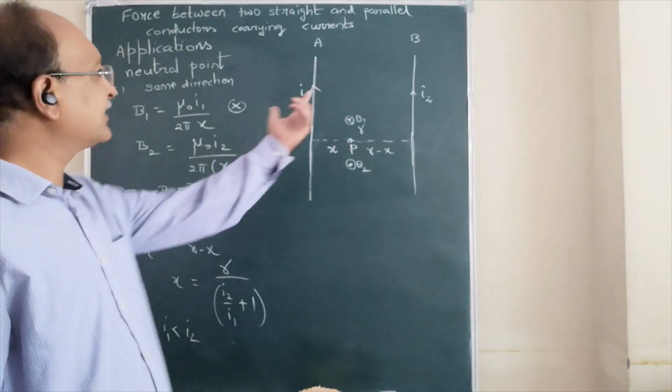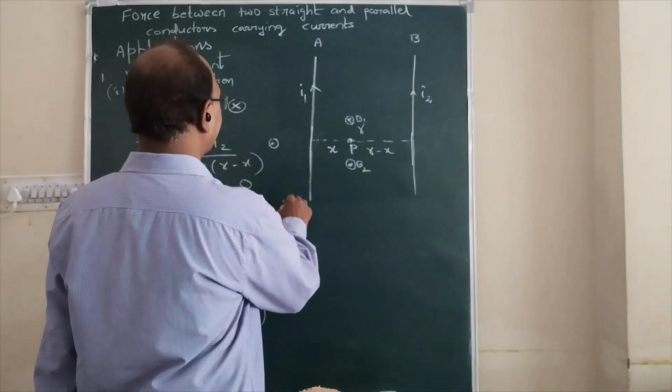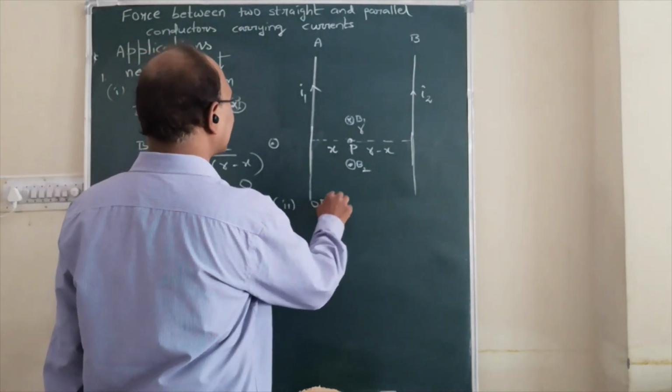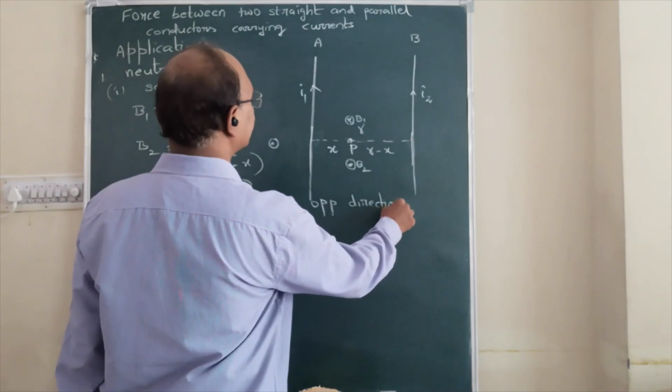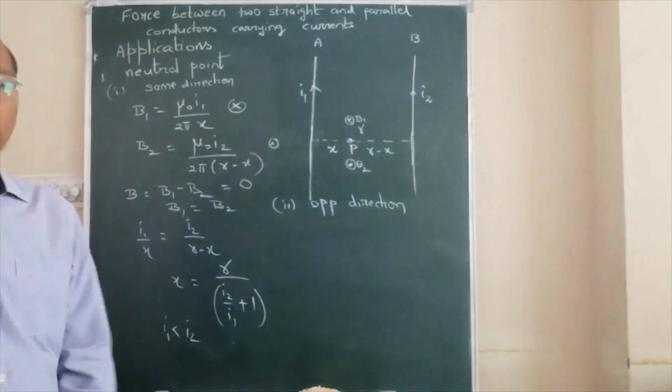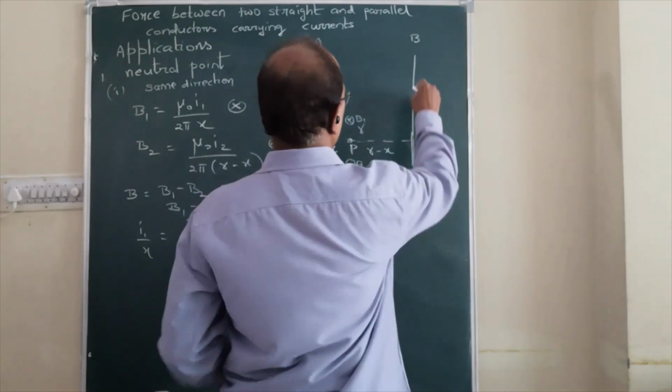Suppose the currents are in opposite direction. So here we take I2 downwards.